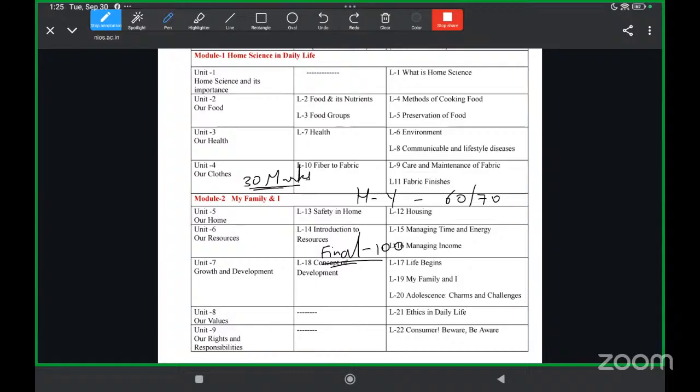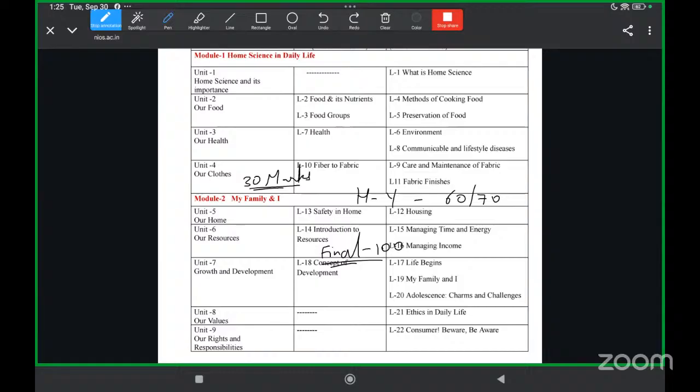I'm sure that data entry is a minor subject, but I'm not sure about basic computing because nothing is given on the website. For basic computing, we don't have any scheme. So I have told sir to check with previous students and find out.